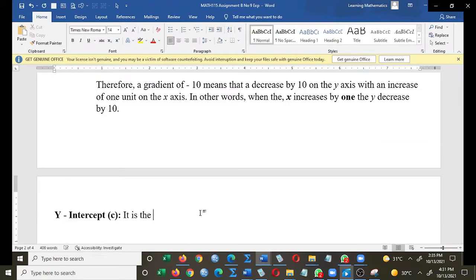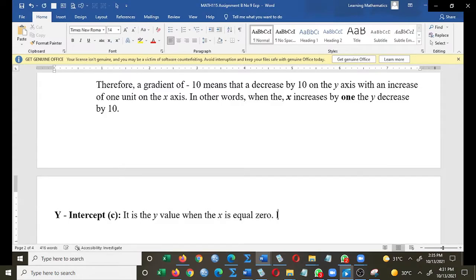It is the y value when the line crosses the y-axis, when the x is equal to what? 0. Is equal to 0.